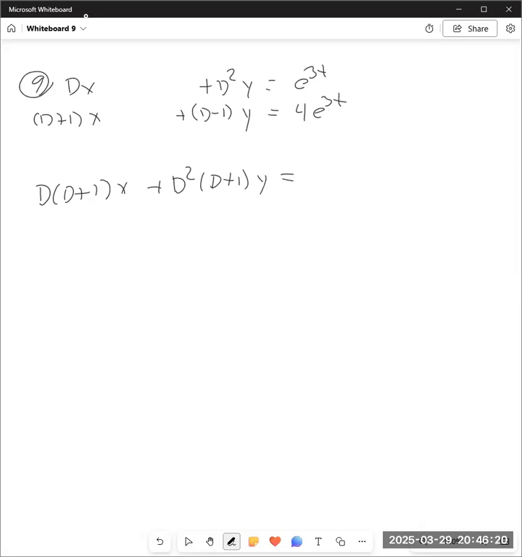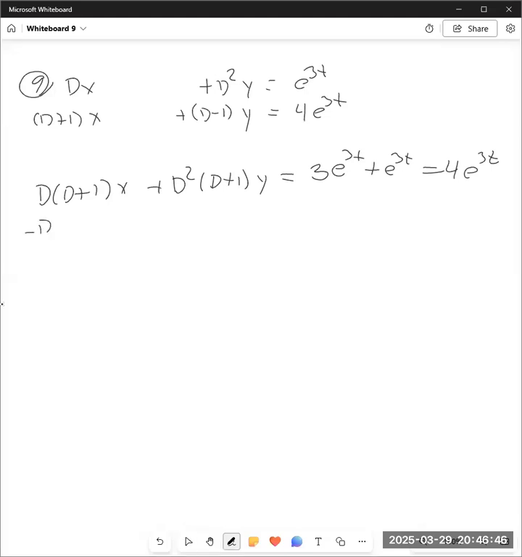And d plus 1 is the derivative plus another original. So that's the derivative of this plus the original is going to be 4e to the 3t. And we want just the regular derivative operator d on the second equation, but we want to also multiply by a -1.